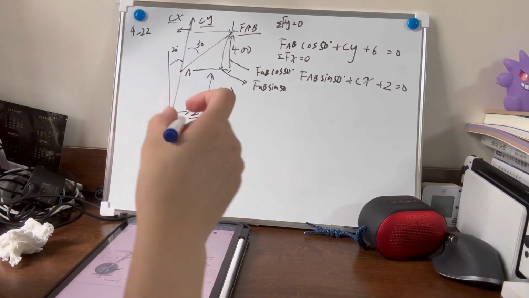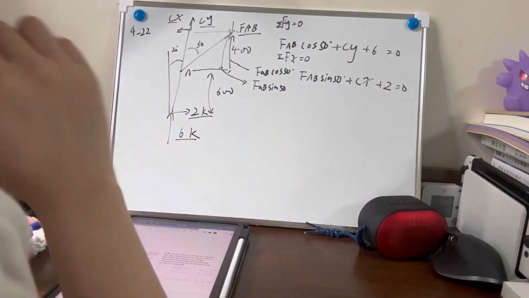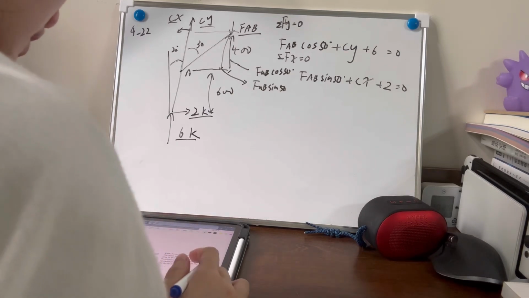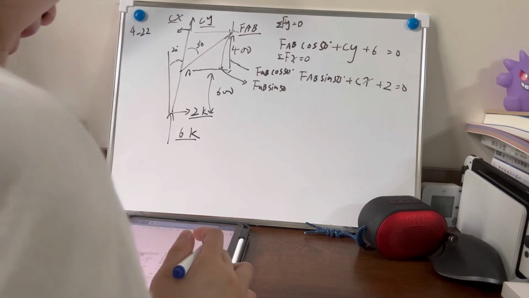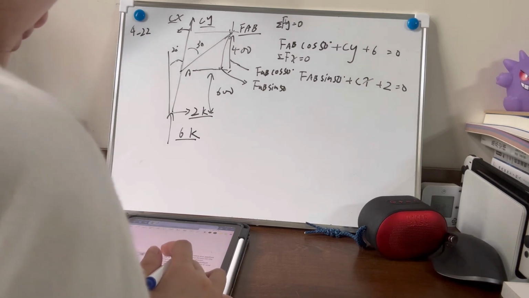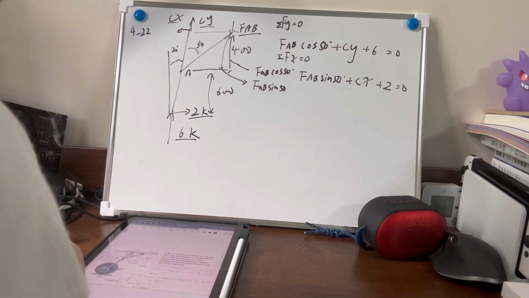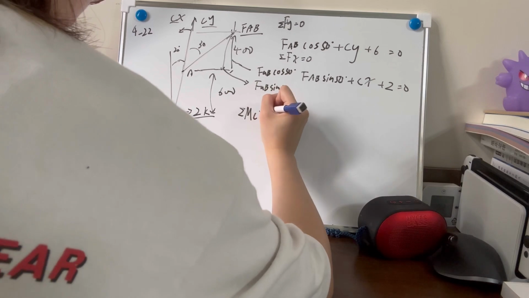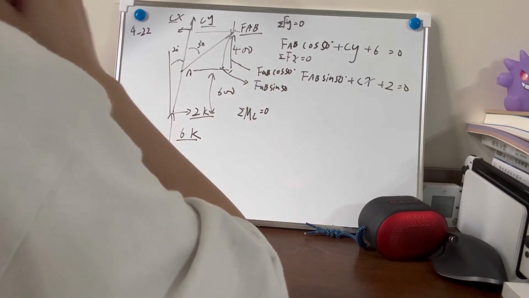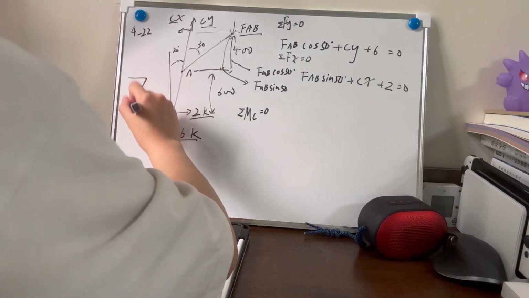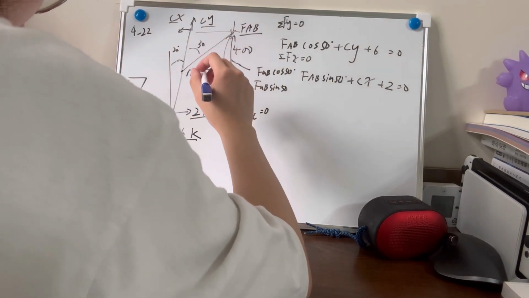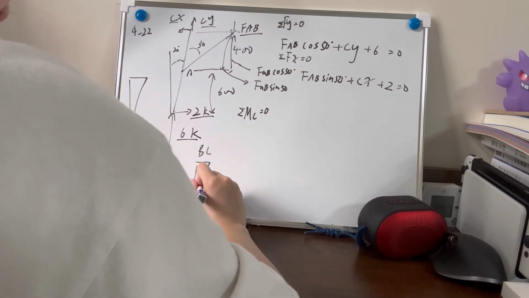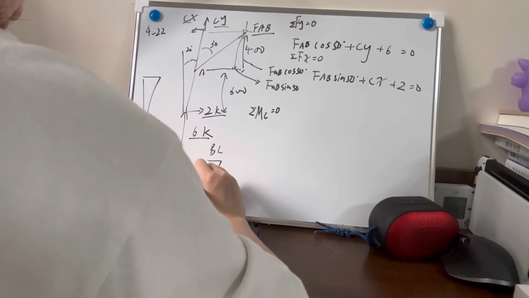And now we have to calculate the summation at MC, because the question says we have to determine the horizontal and vertical components of reaction at the pin C and the force in strut AB. So summation MC here is 0. So we have to know the distance here and here, and the BC here. The angle is 20 and it's 400.